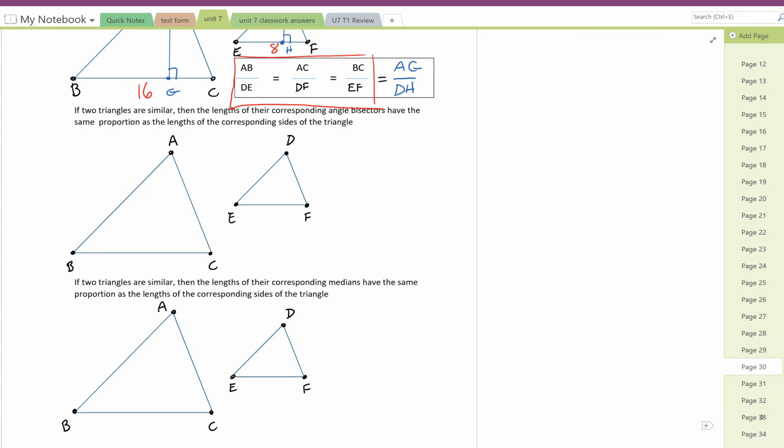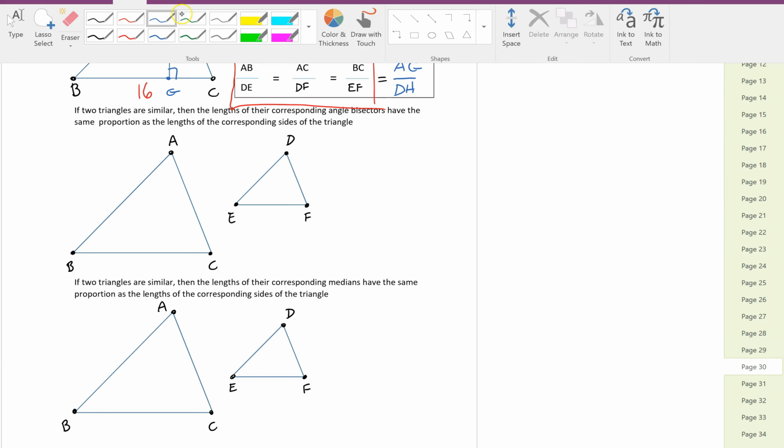Next one, if two triangles are similar, then the lengths of their corresponding angle bisectors have the same proportion as the length of the corresponding sides. So same thing here.